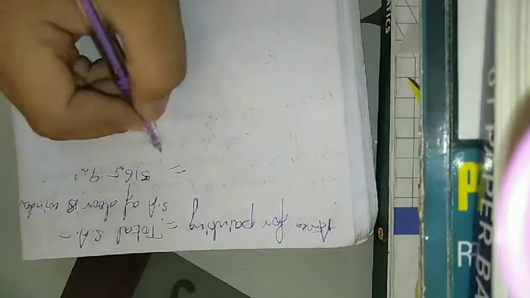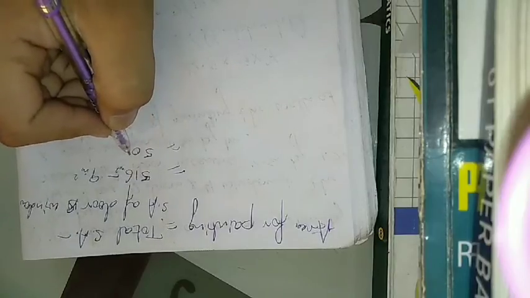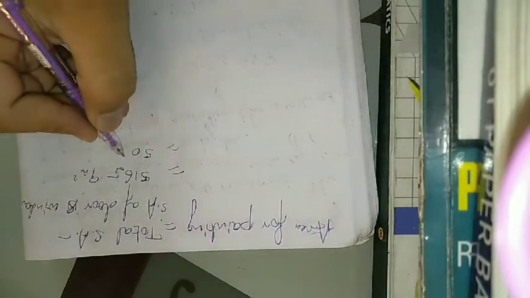Value is 516 minus total area of doors and windows, which is 9. 516 meter square minus 9 meter square. So the value is 507 meter square. So this is what we got just for the area of painting.